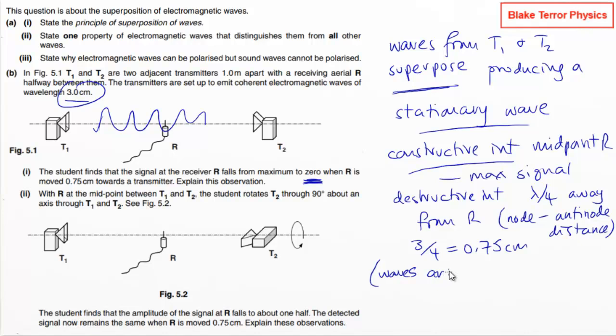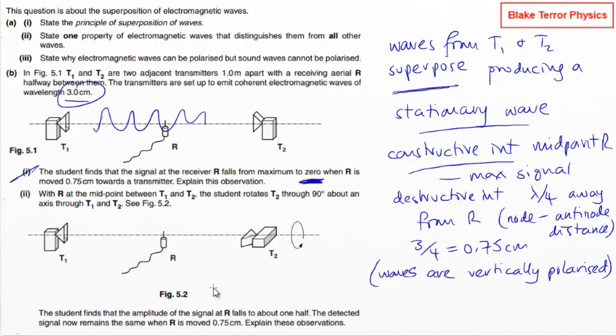If they were just coming out with any old direction of oscillation, then they're not always going to be completely cancelling out. You're still going to get things cancelling out, but it wouldn't necessarily go all the way down to 0. Right, so that's that first part.